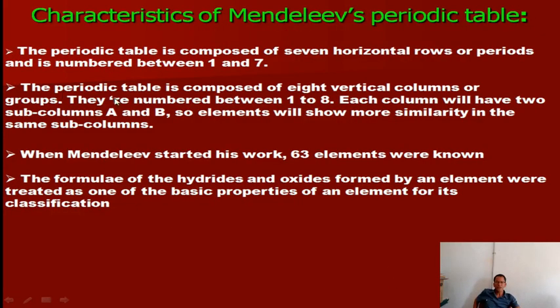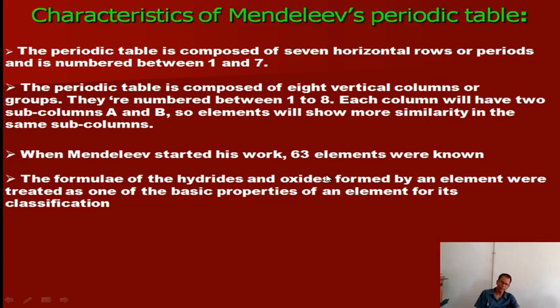And the periodic table is composed of 8 vertical columns, called groups, and he also divided each group into A and B, two subgroups. Each group is divided into 2 subgroups, A and B. When Mendeleev started his work, at that time 63 elements were known.